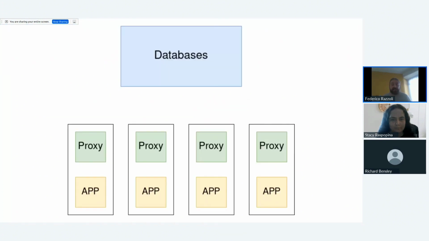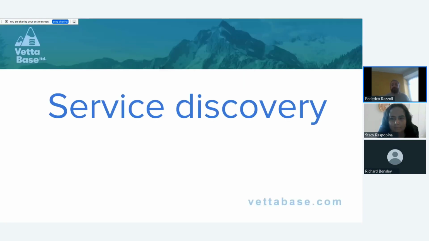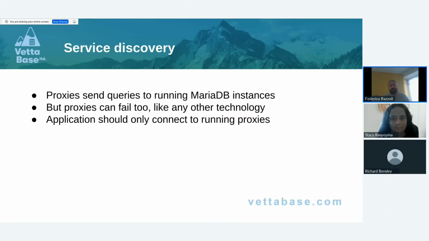Note that I never told you this solution is always definitely better. Okay, I told you my preference, but it really depends from case to case. In every case, there are benefits or disadvantages for every solution. Anyway, let's proceed with service discovery.